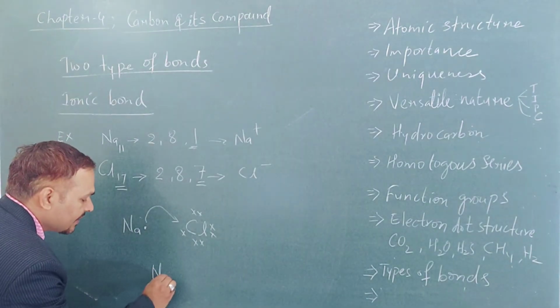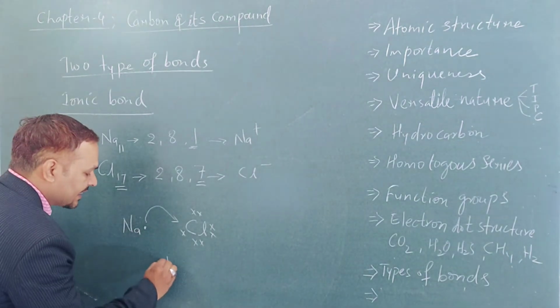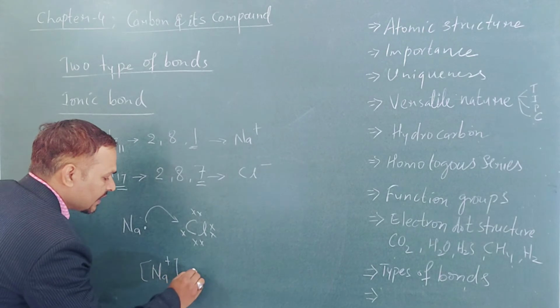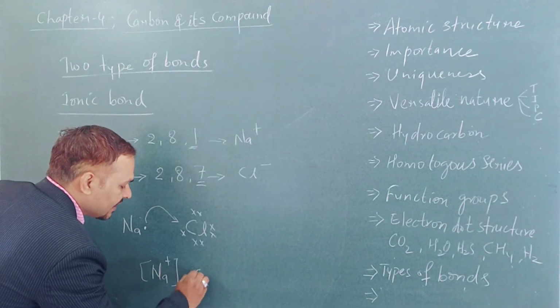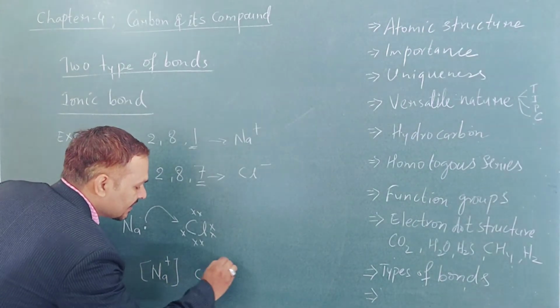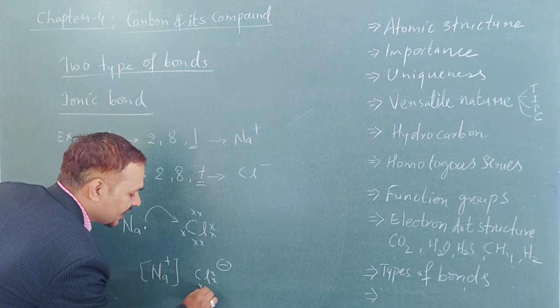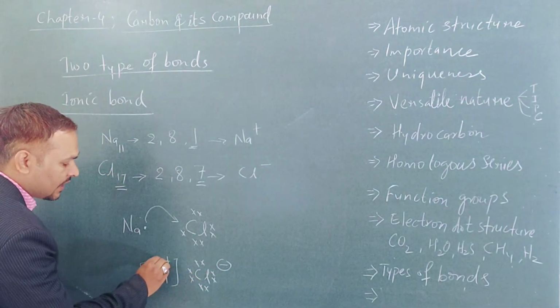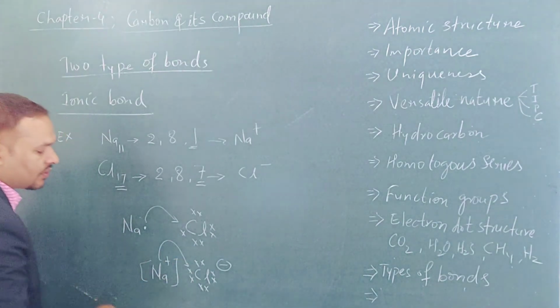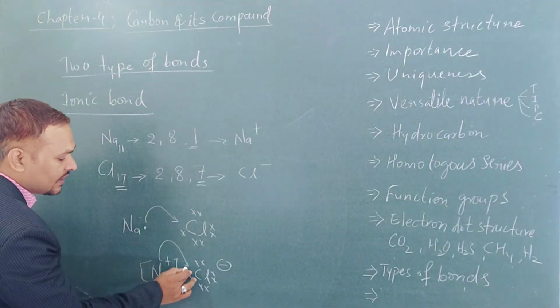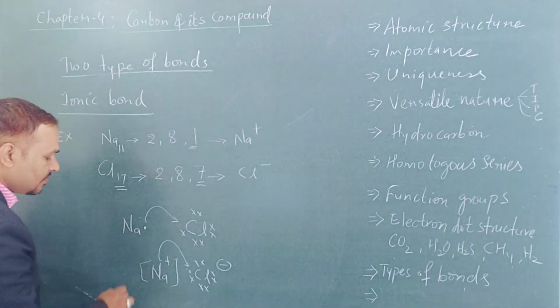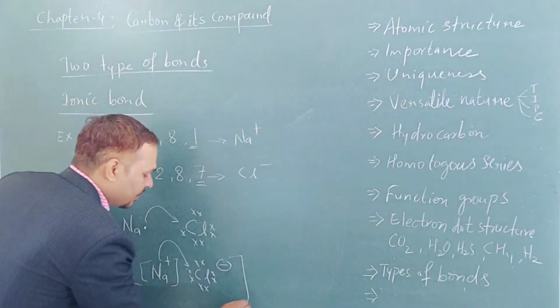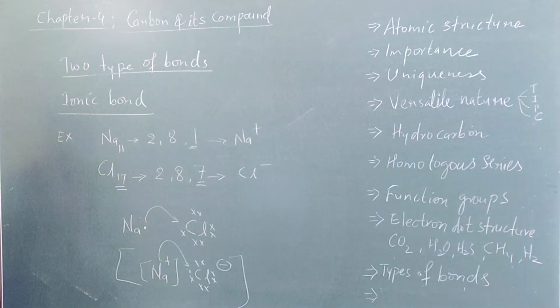The Na will carry the positive charge and Cl will carry the negative charge after gaining 1 electron. This electron is given by sodium. This will be the complete formula of NaCl.